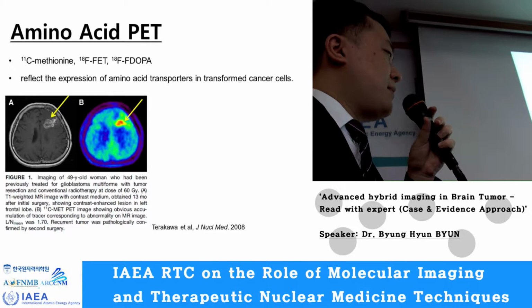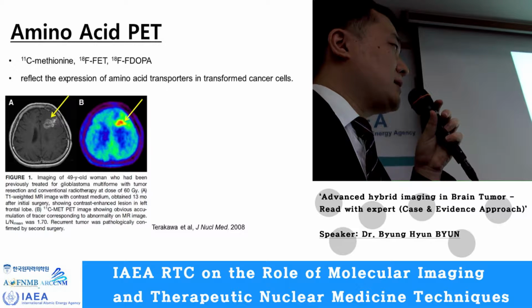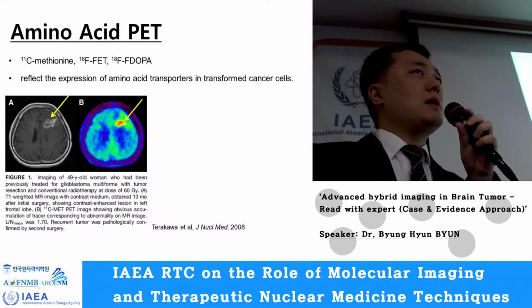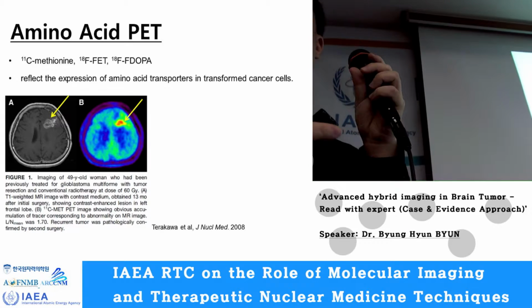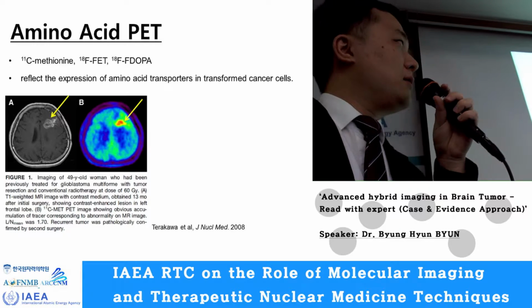On C11-methionine PET imaging, you can see significantly increased uptake in the area corresponding to the MRI lesion. So it is very useful for assessing tumor recurrence in brain tumors.